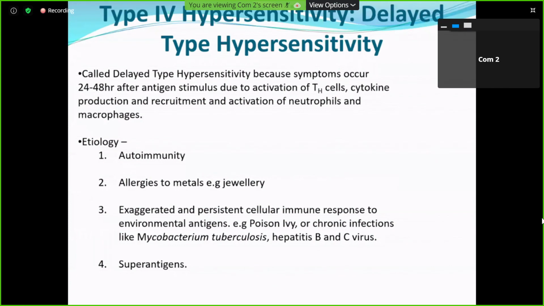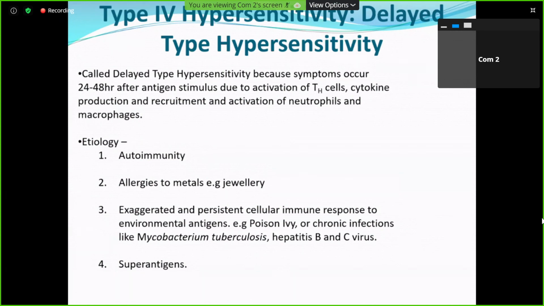Some women are allergic to jewelry, like copper. We still don't quite understand how this happens, but it's thought that the metal ions in the jewelry that penetrate the skin can induce a cellular immune response, inducing Th cells to make inflammatory cytokines.